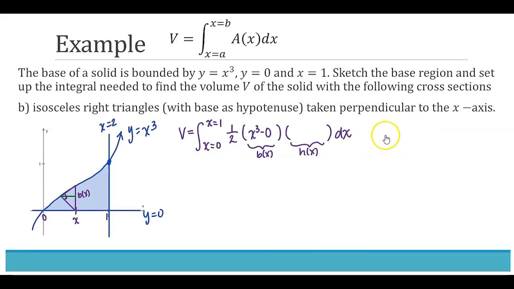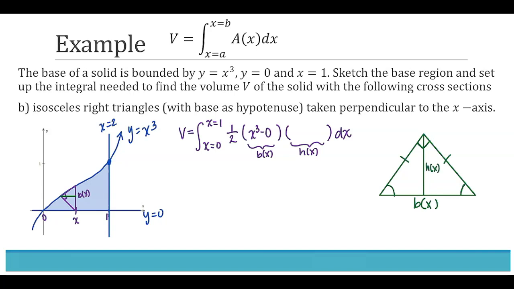So I'm going to construct my isosceles right triangle over here, so we can get a better sense of what's going on. So this is my base, b of x. And this is an isosceles right triangle, so that means that if this is 90, then these two are each 45 degrees exactly. And I'm interested in finding the height, h of x.